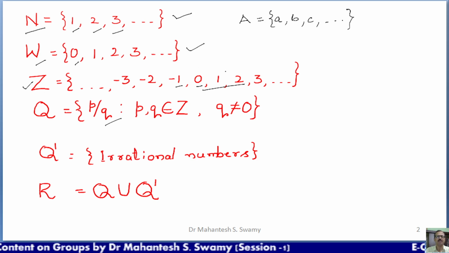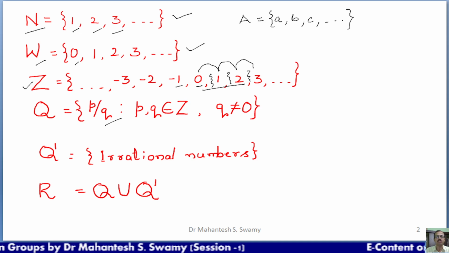In the set of integers, there is a direct jump from 0 to 1, 1 to 2, 2 to 3. There were no fractional numbers here. This was entirely a blank portion in the set of integers. However, when we consider the numbers of the form p by q, that fills almost all such gaps. That type of numbers are called the set of rationals.